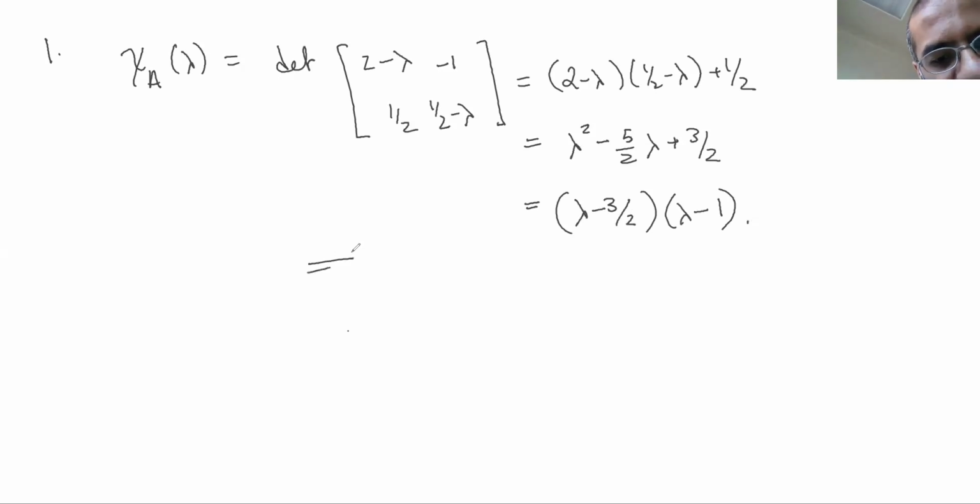So from this you conclude that the eigenvalues are 3 halves and 1, and they're distinct.